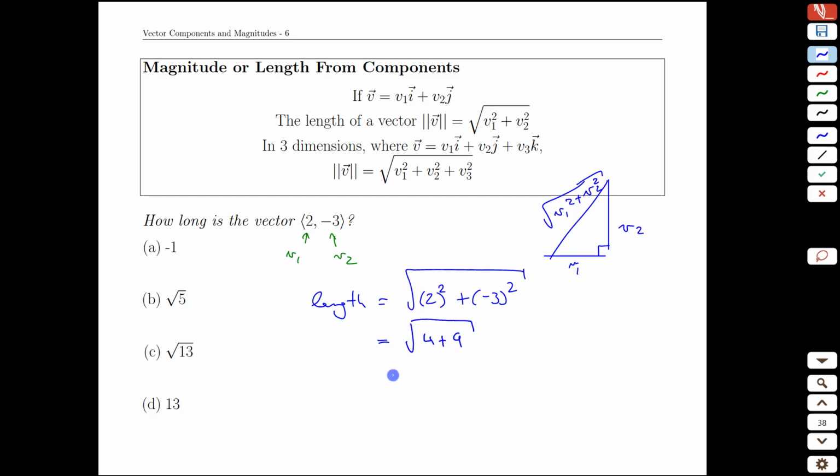So we'd have the square root of 4 plus 9 or the square root of 13, answer C. With that, we have covered all the fundamentals of vectors as direction and magnitude quantities and how we can represent them in components and then use those components to compute interesting properties like their magnitudes.